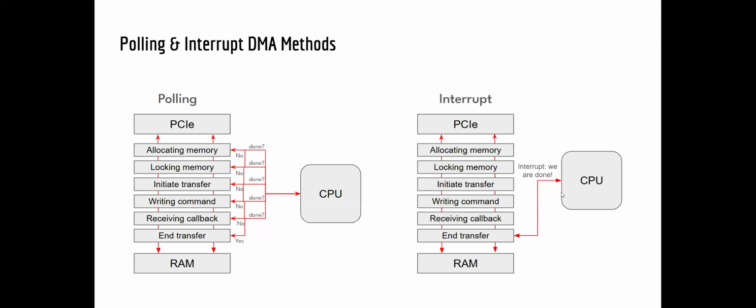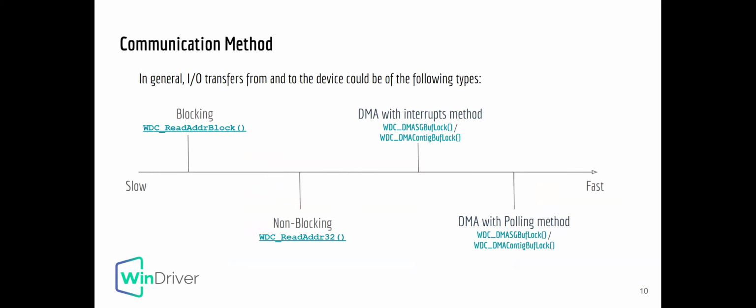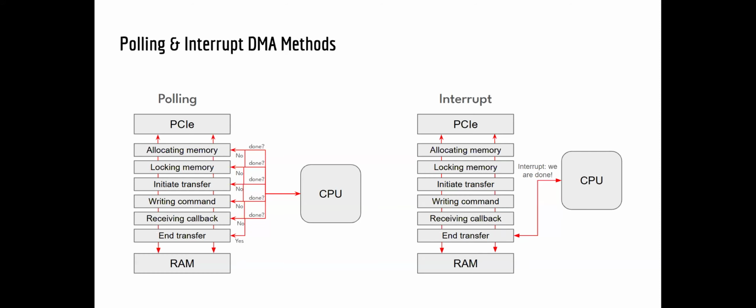So give us whatever you need, for us to continue or to synchronize other components within the computer. It's harder to implement, but it takes fewer resources. So these are the two methods for conducting DMA.